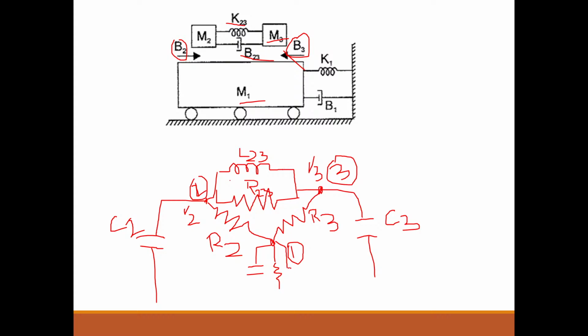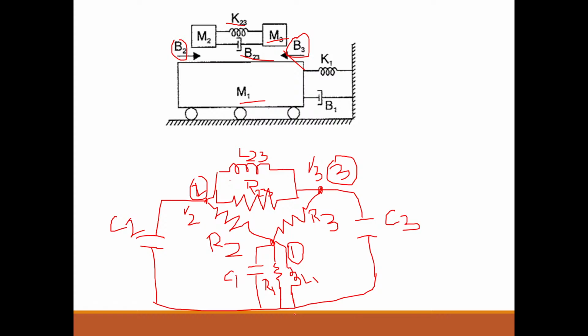So C2, C3, and C1, R1 and L1. All these are connected in parallel to each other, so they will have a common reference point, connected to the reference node.